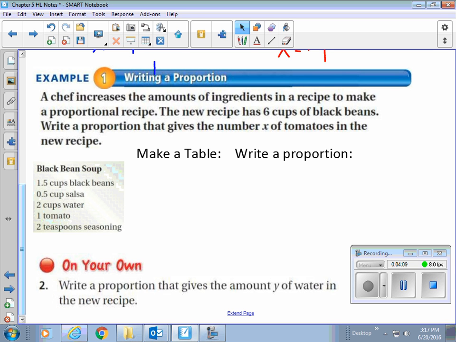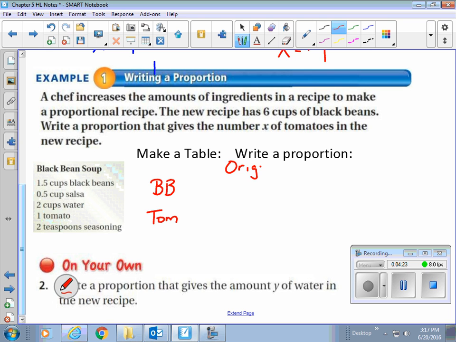So in our table, we know we're talking about black beans and tomatoes. So I'm going to put them over here. Black beans, tomatoes. We've got our original recipe. And then we've got our new recipe.